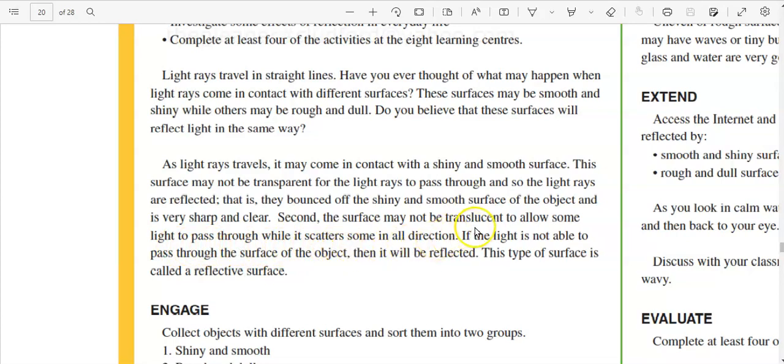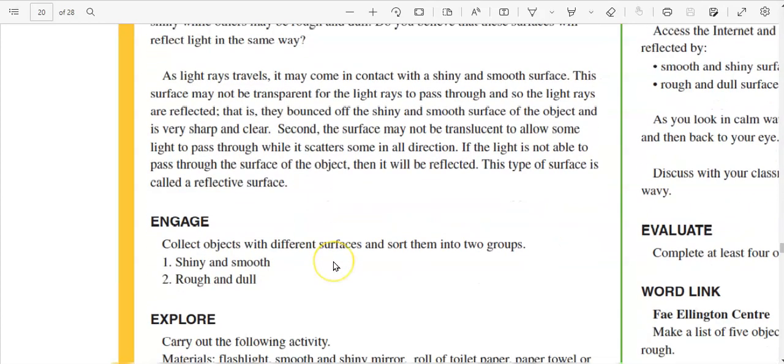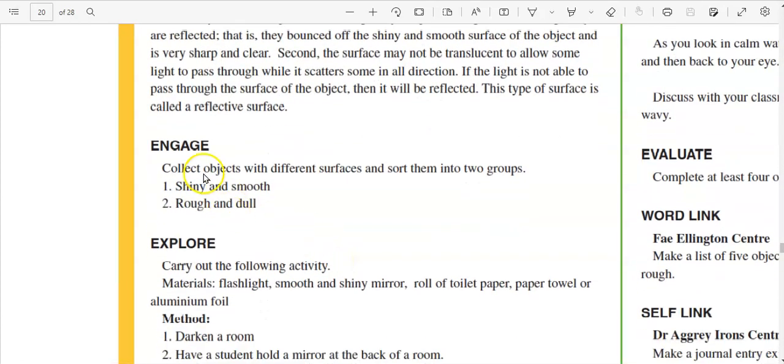So some light goes through with translucent things, and then some is scattered. If the light is not able to pass through the surface of the object, then it will be reflected, and this is a reflective surface.